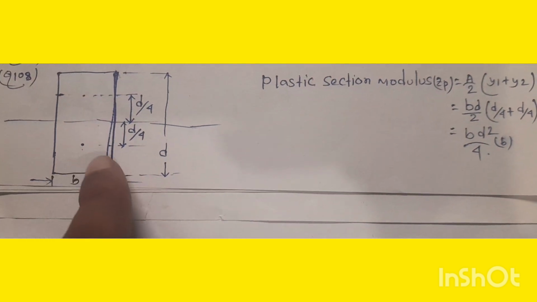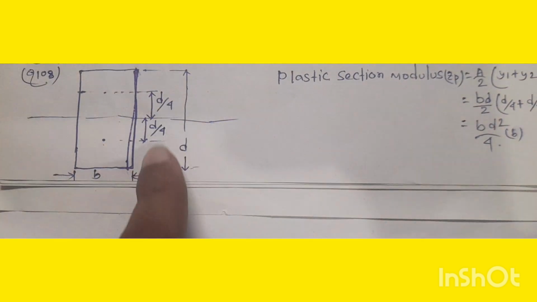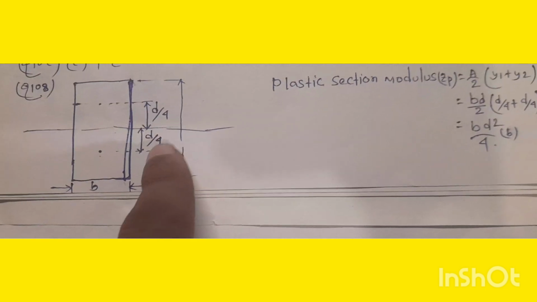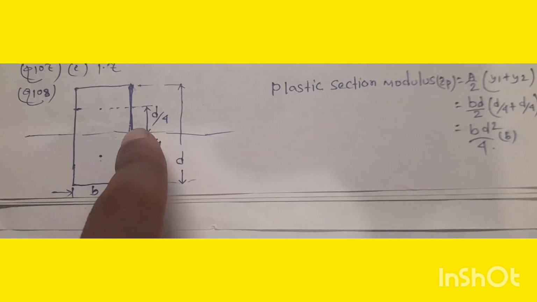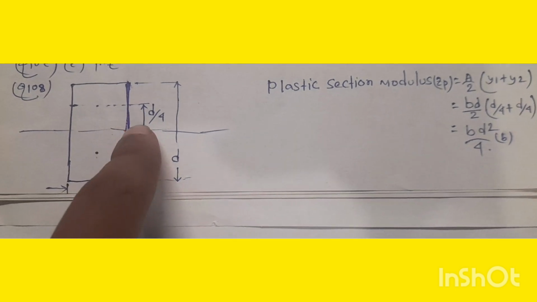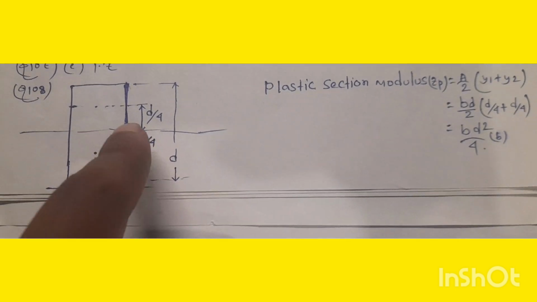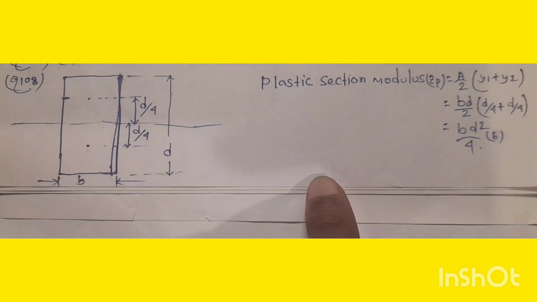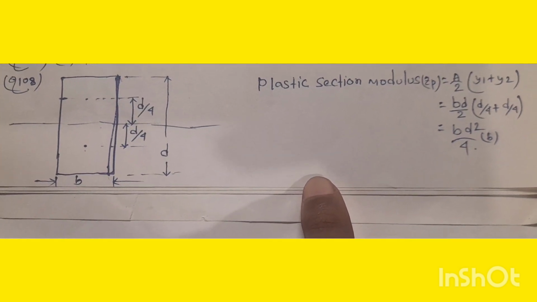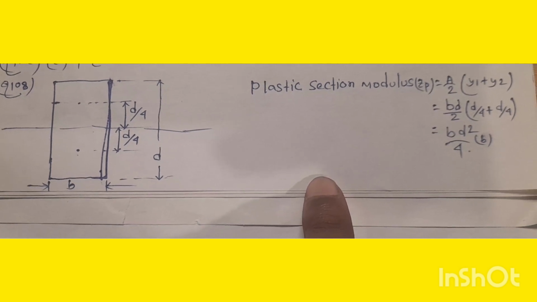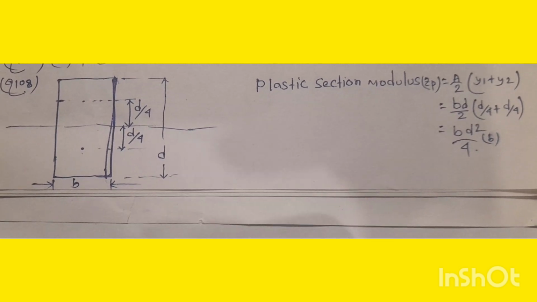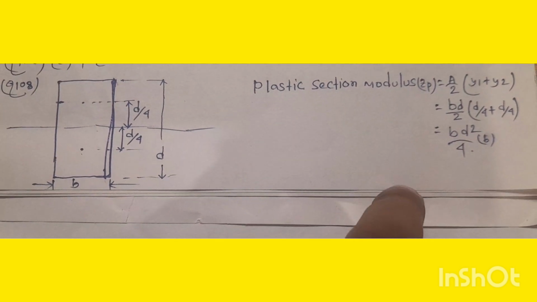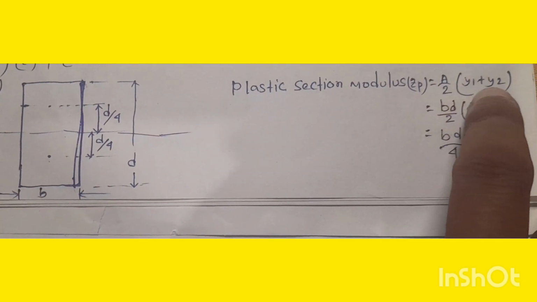So this is the rectangular section of width B and depth D. The neutral axis passes through the middle of the section. We all know that. So this distance will be D by 2 from here to here, and from here to here this distance will be D by 2. Total area of the section will be B into D. And we also know that the formula for plastic modulus Zp equal to A by 2 into within bracket y1 plus y2.